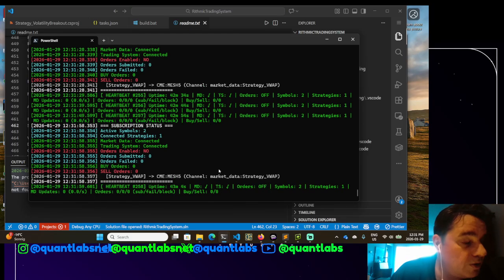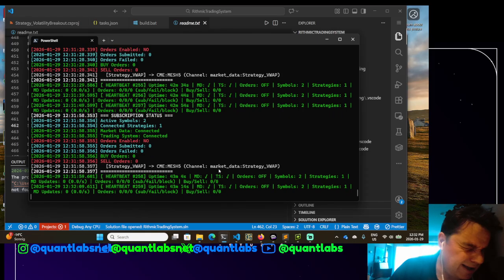I've gone over numerous times on the architecture of this because this is the gateway between each client program, you could call it, or strategy, connects into this.